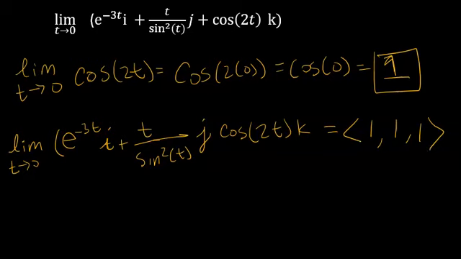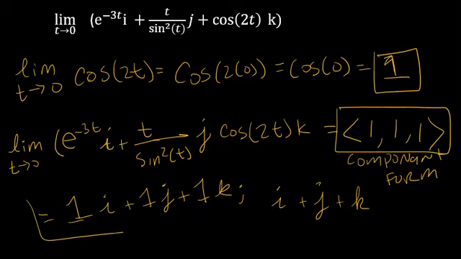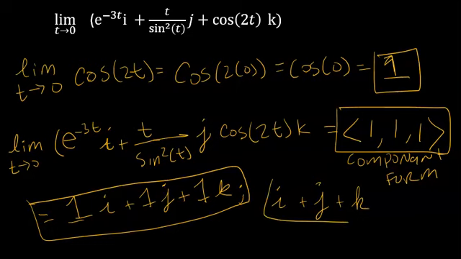This is component form. You can also do it in the form where it's ijk, which would be i plus j plus k. Another way to write this is just i, j, k. So all three of these are correct, because they're just telling us the limits are 1, 1, and 1.